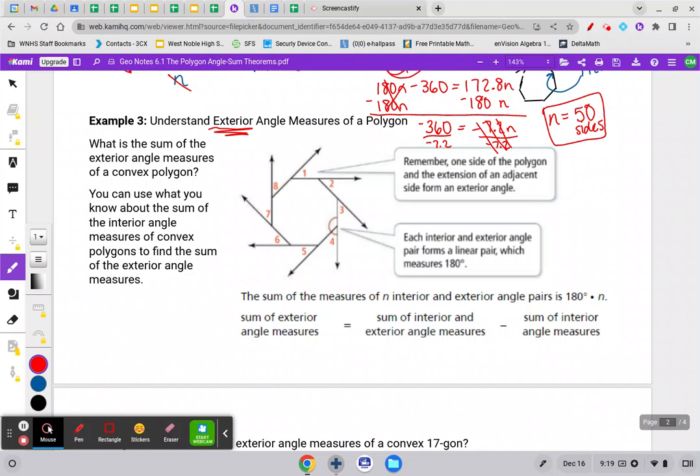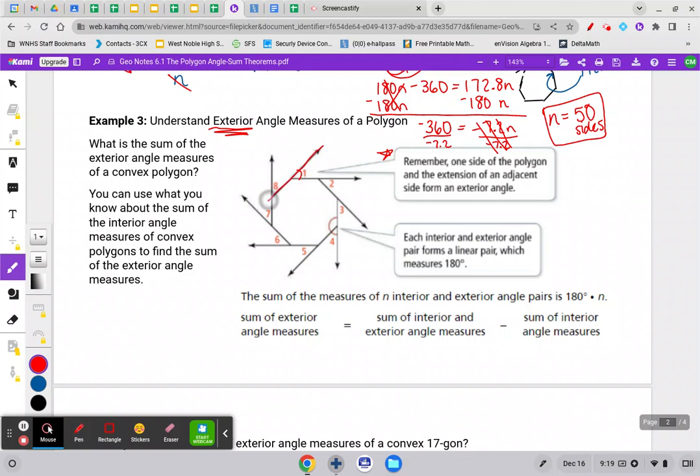So, if you remember, one side of the polygon and the extension of an adjacent side forms an exterior angle. We kind of talked about this with exterior angles of a triangle, but we haven't seen that for a while. We also know each interior and exterior angle pair forms a linear pair which measures 180.